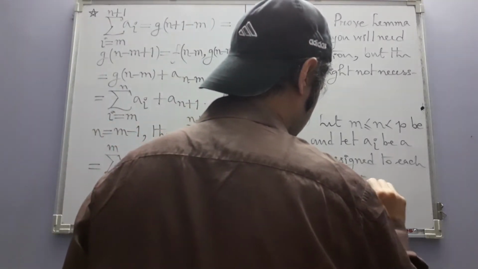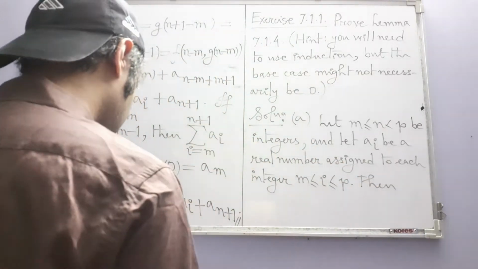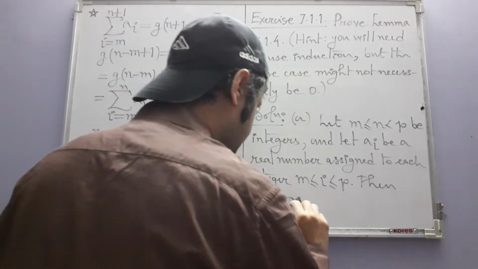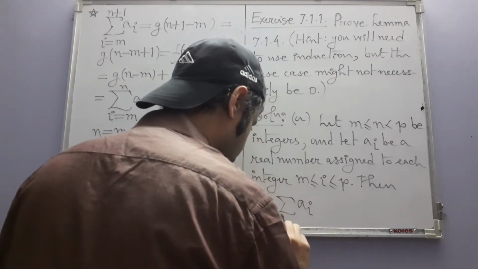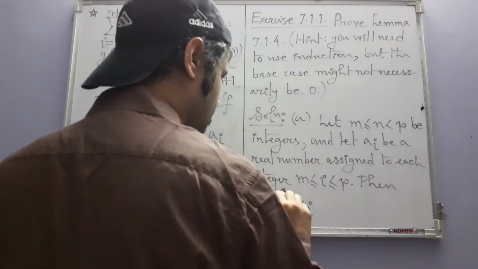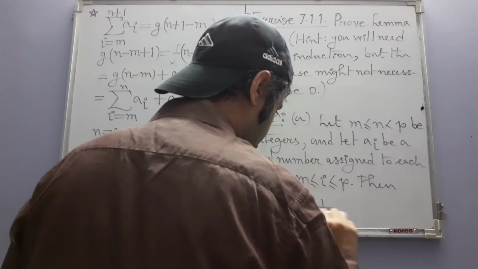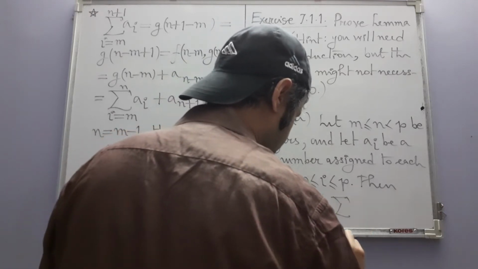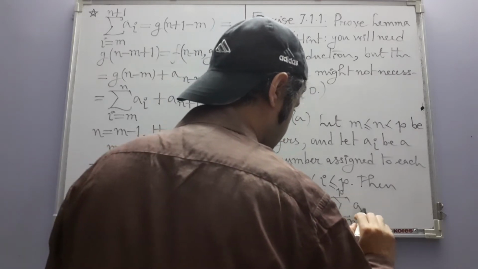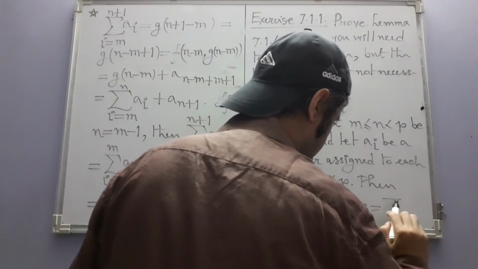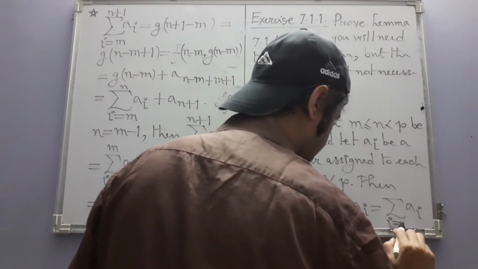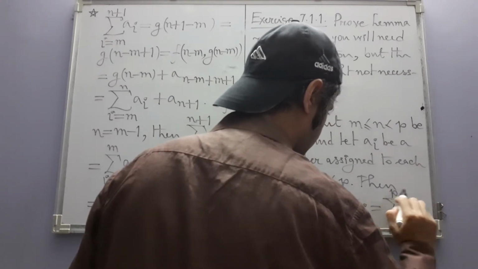Then the first part says this thing, that if you take the sum of these two series, where in one of them the index varies from m to n, and in the other it varies from n plus 1, the next value, to p, then you get this series where the index varies from m to p.